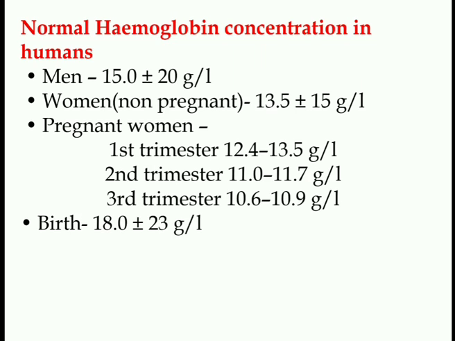In second trimester, it is 11 to 11.7 gram per liter. In third trimester, it is 10.6 to 10.9 gram per liter. During birth, the hemoglobin concentration is maximum. It is about 18 to 23 gram per liter.